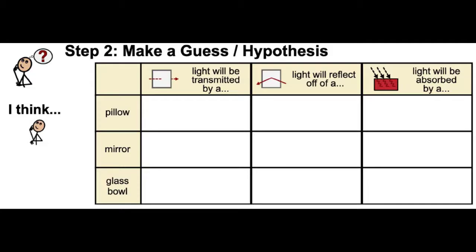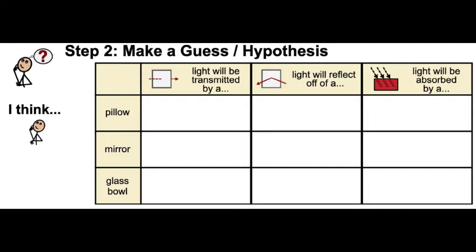Now it is time to make our guess or hypothesis. For this hypothesis, we will answer those three questions for each type of material: a pillow, a mirror, and a glass bowl. For a pillow, do you think that light will be transmitted or go through?